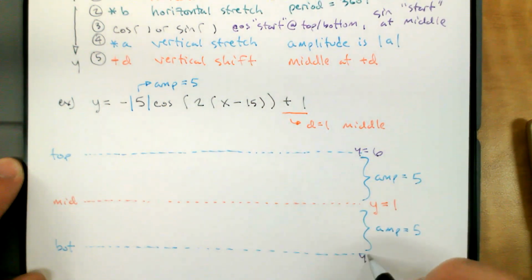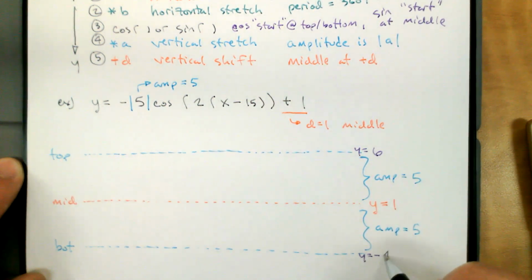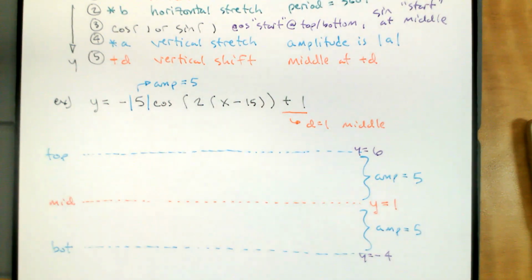And 5 below 1 will be at -4. We can figure out the top and the bottom based on the middle and the amplitude. Notice that I've used up both pieces of vertical information.